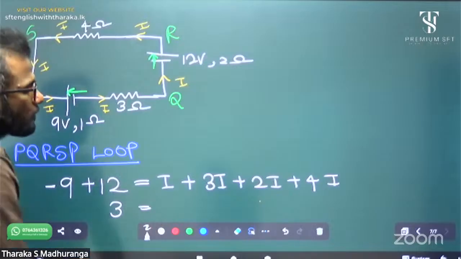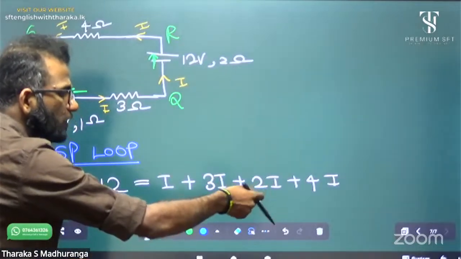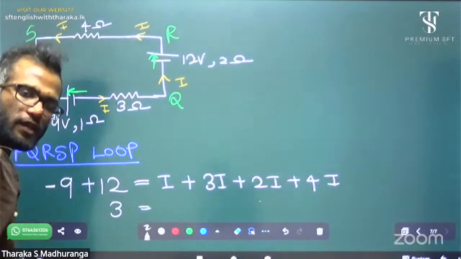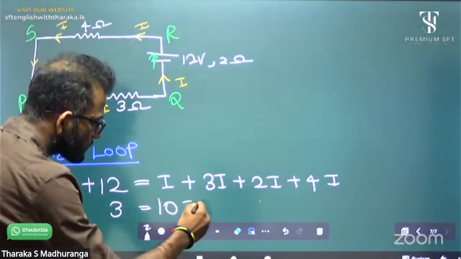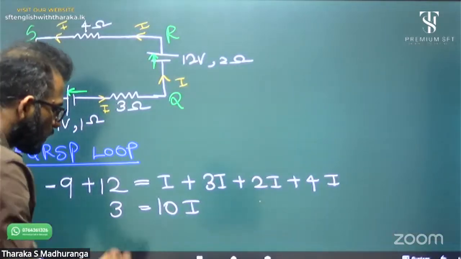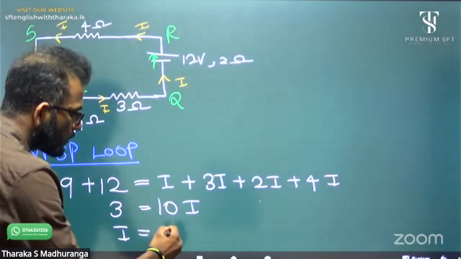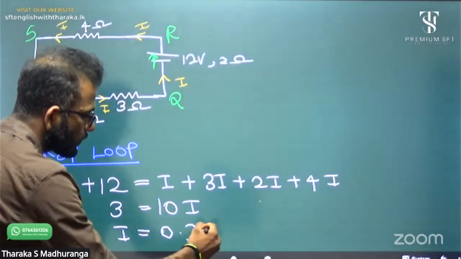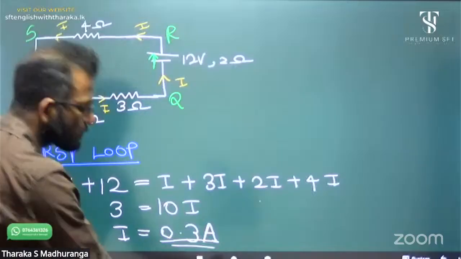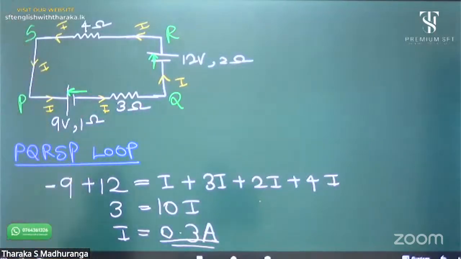Plus 3 equal 1 plus 3 plus 2 plus 4, it is 10I. I equal 3 over 10. It is 0.3 ampere. Very simple, right? The current flowing in this circuit is 0.3 amperes.